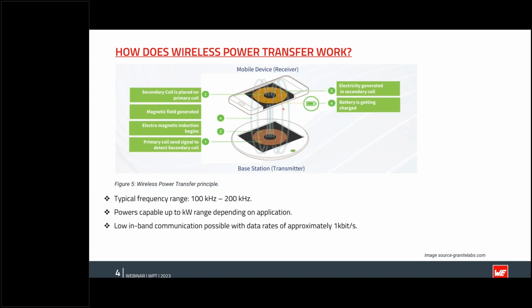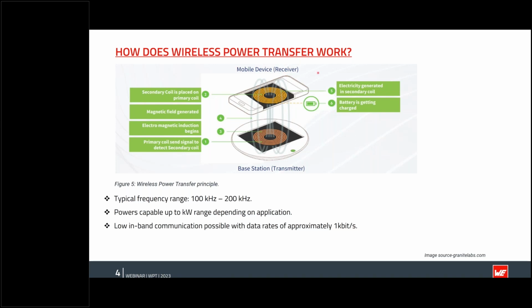This alternating current then generates a magnetic field, which induces a current in the secondary side or the receiver side. And by the principle of electromagnetic induction, the mobile phone or the circuitry at the end application uses the current to charge the application or the electronics behind it.